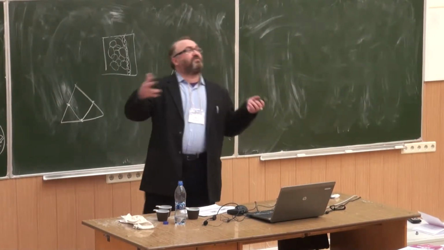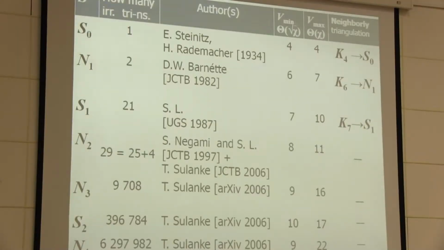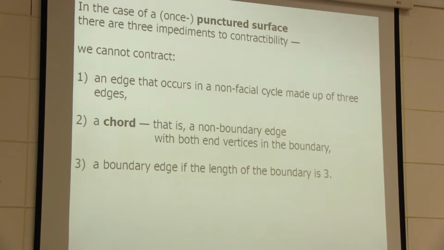So people turned to surfaces with boundary. And I think the first paper in this direction was the one I mentioned in the very beginning of my talk. The title of that paper is Irreducible Triangulations of Surfaces with Boundary.